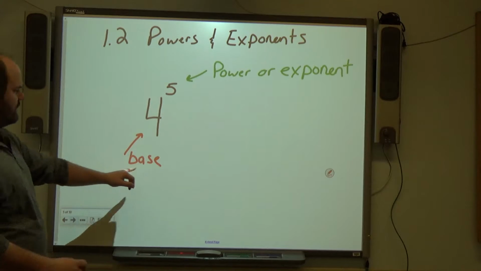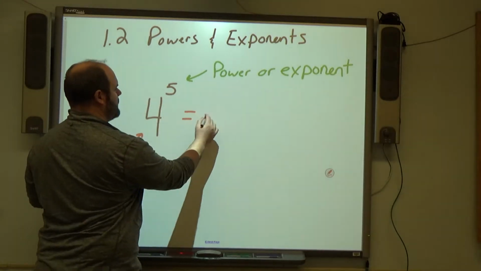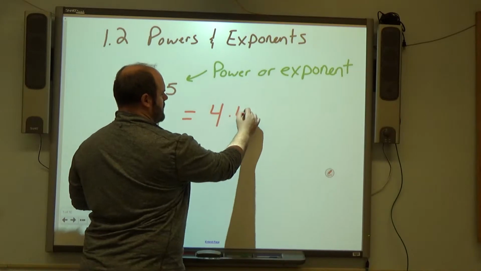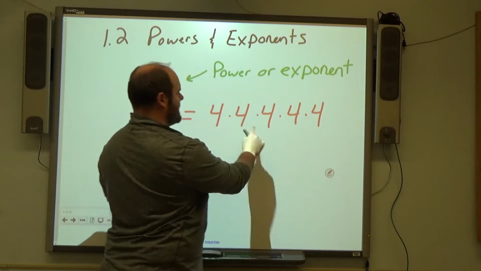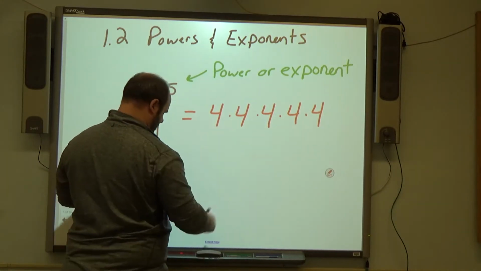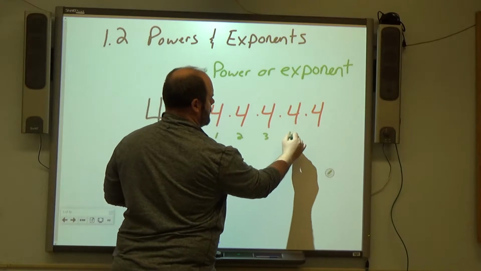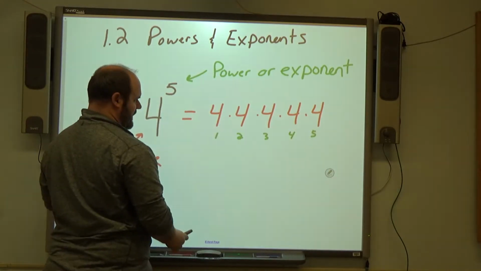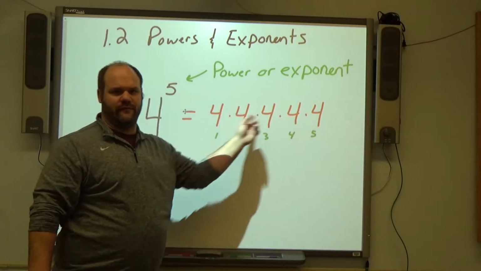Our base number is 4, our exponent is 5. So what this means is we are going to take 4 times itself 5 times. As you can see, 1, 2, 3, 4, 5. There are 5 4s, okay? And this is what we would call expanded form.